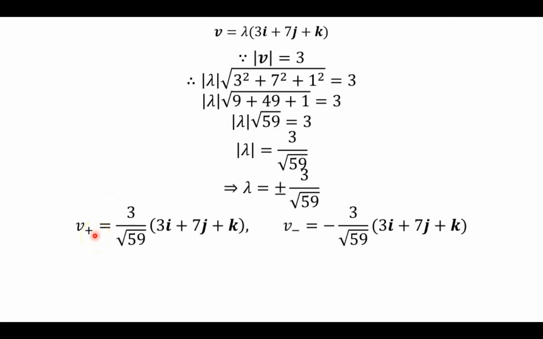So the first one, the positive one, in the upward direction, V is equal to 3 over the square root of 59 times the cross product you get. And the other one, in the opposite direction, will be minus 3 over square root of 59 times the original cross product you get. So this will be your two answers.